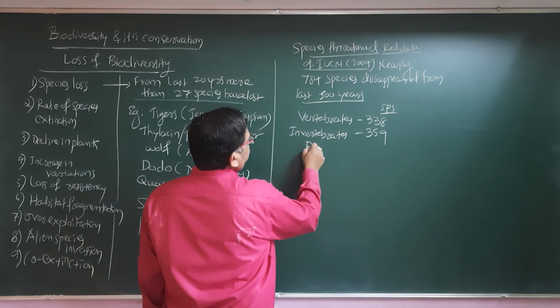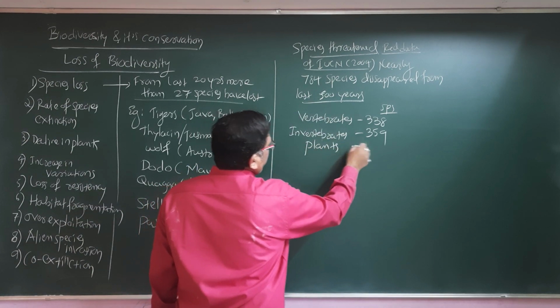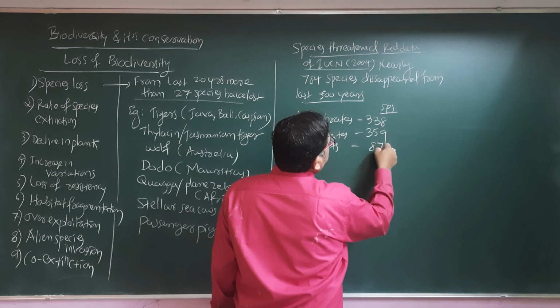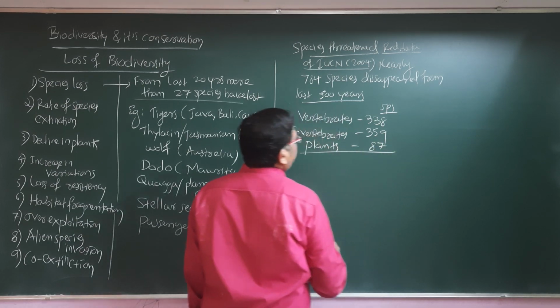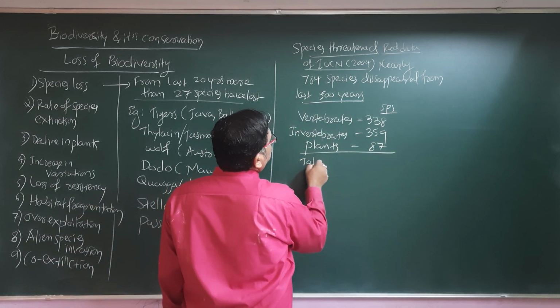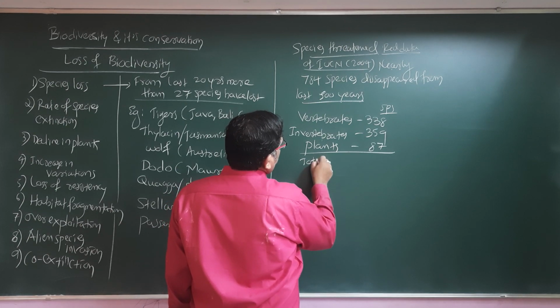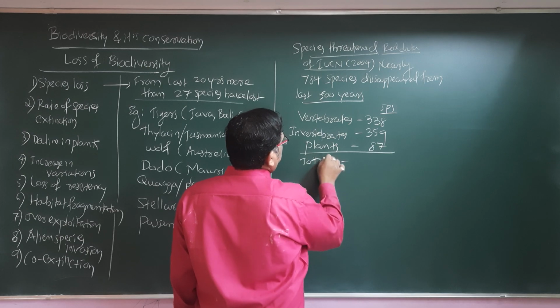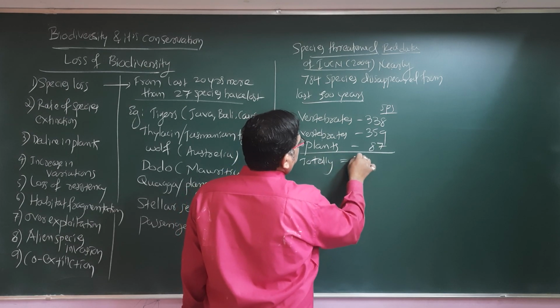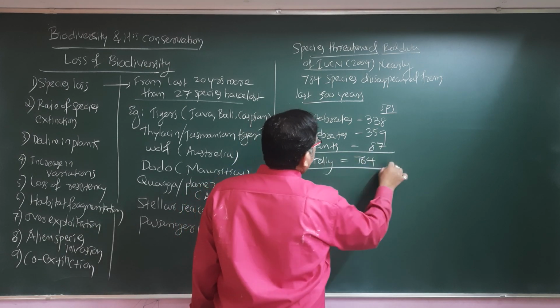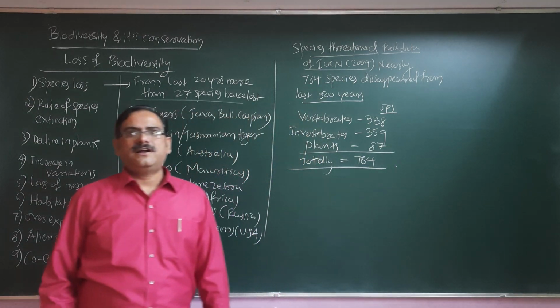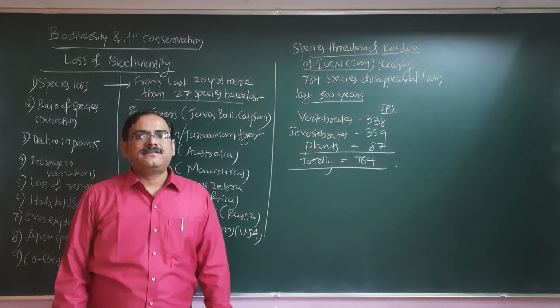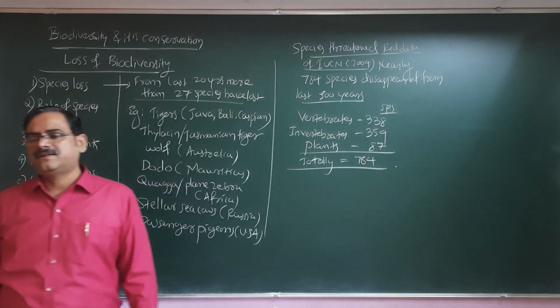And then plants, 87 species. Altogether, 784 species in total have disappeared from the last 500 years. This is what we can say, mainly species under threat.